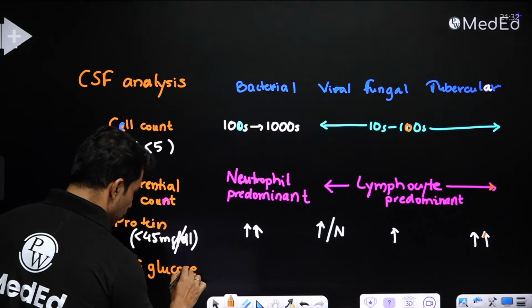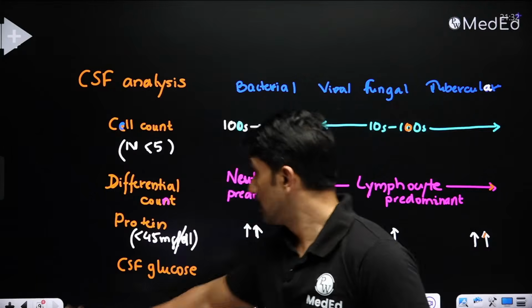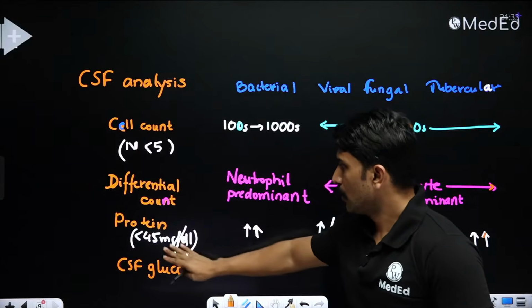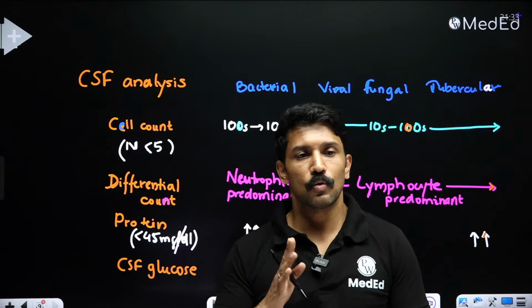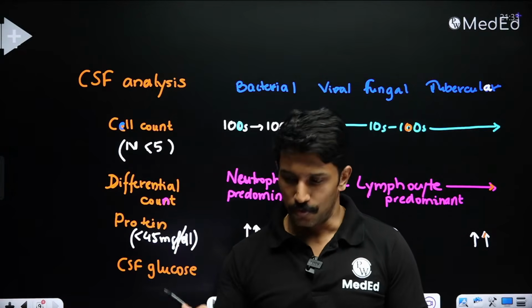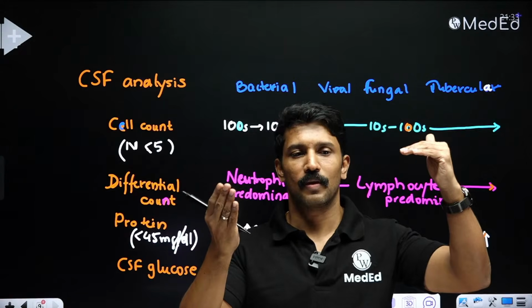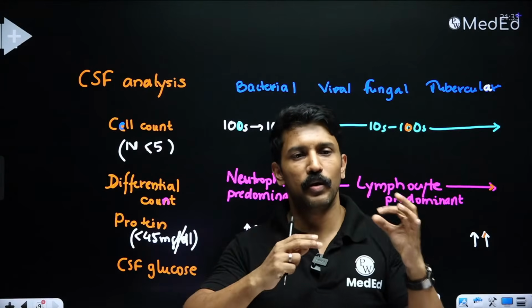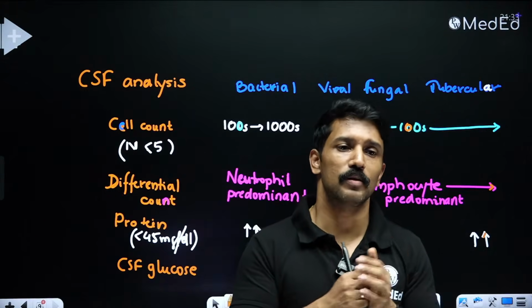Now the CSF glucose that we're talking about is not a fixed number. Like I said, cell count is less than 5, protein is less than 45 milligrams per deciliter, but CSF glucose is a function of blood glucose. If you already have high blood glucose, your CSF glucose will also be high. So the normal for CSF glucose is decided by the normal for the blood glucose.